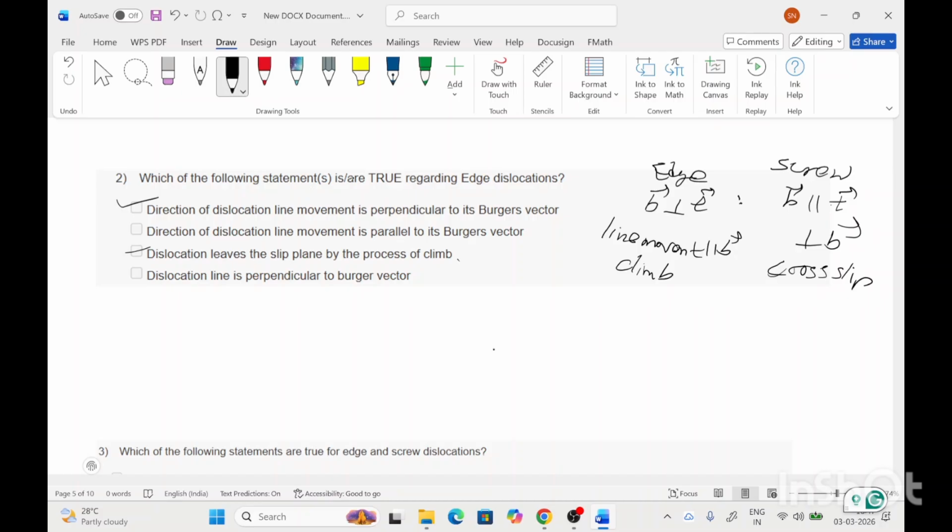So the correct options for this are B, C, and D. We have a small mistake, here it is written line movement. So the line movement is parallel, and the dislocation line is perpendicular.